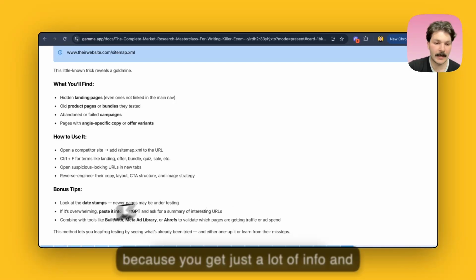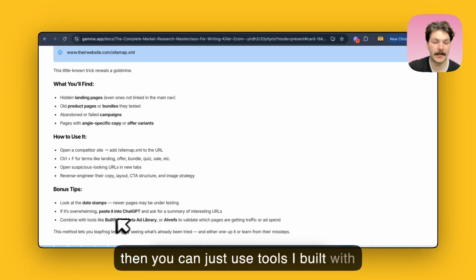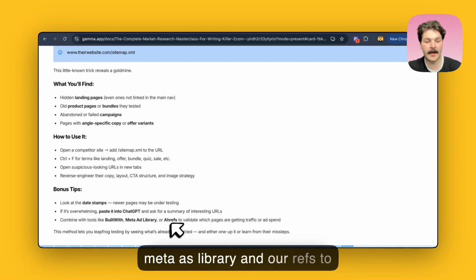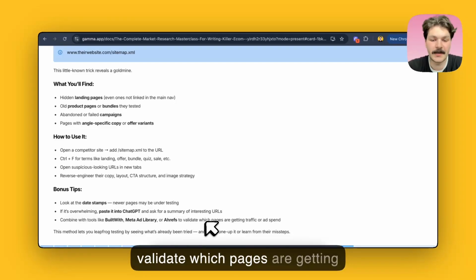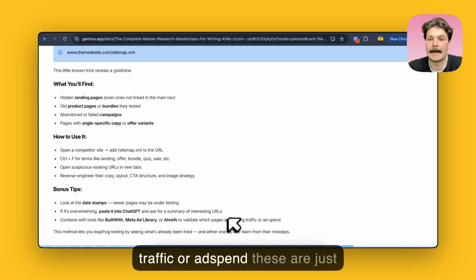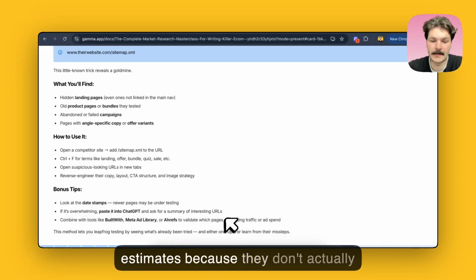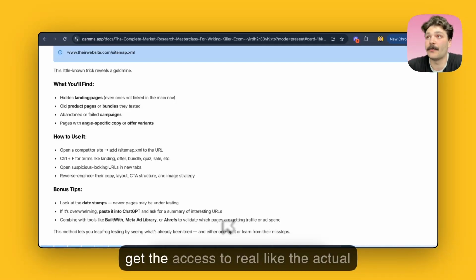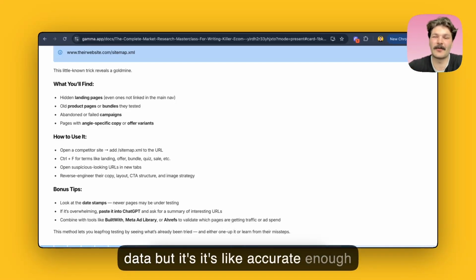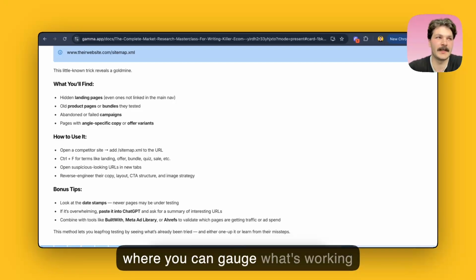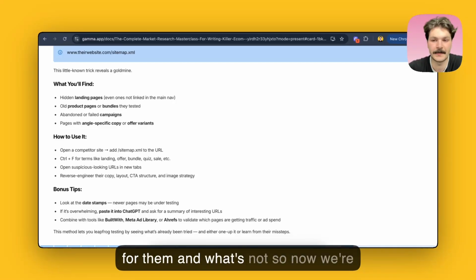And then you can use tools I built with Meta Ads Library and Ahrefs to validate which pages are getting traffic or ad spend. These are just estimates because they don't get access to the actual data, but it's accurate enough that you can gauge what's working for them and what's not.